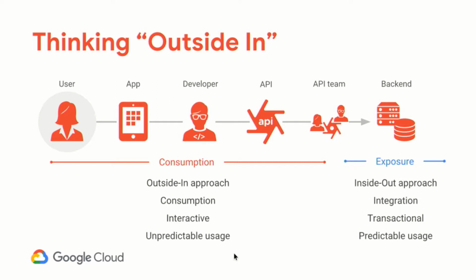And you do that with an API platform that offers features for your API team to move very rapidly and respond to the needs of that developer. So we're going to focus, in the Apigee platform, on helping with exposure, but with a deeper focus on consumability. And that means just a great developer experience overall.